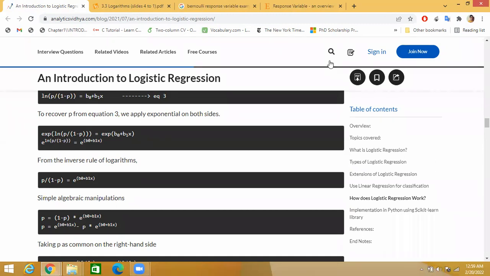So from the inverse rule of logarithm, we can write p divided by 1 minus p equal to e to the power beta naught plus b1 x.